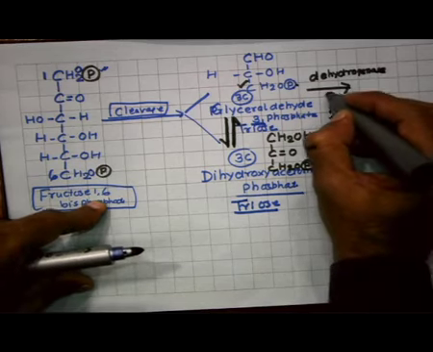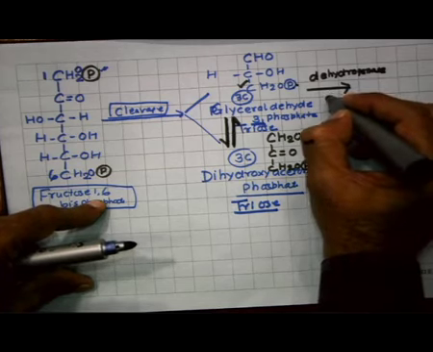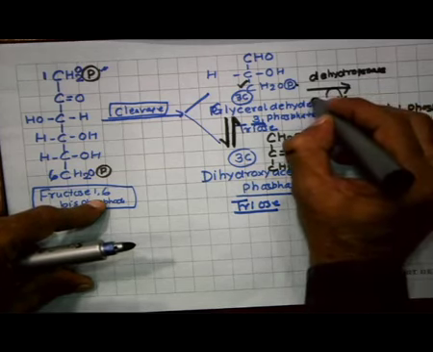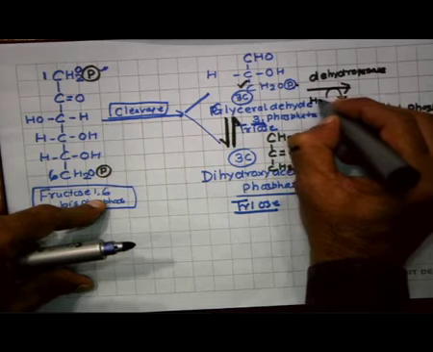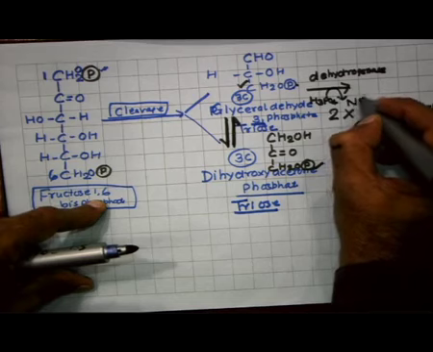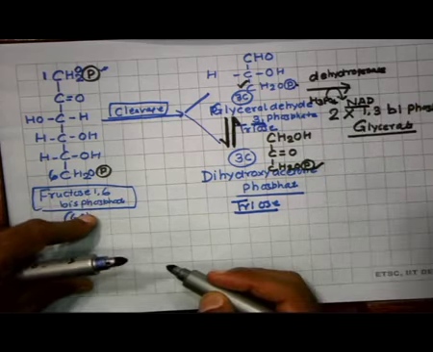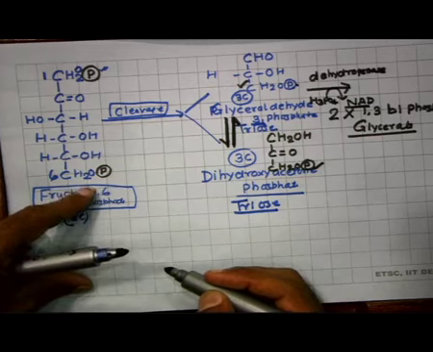And 1 phosphate molecule is also required in the form of H3PO4, and NAD is also required, which is converted into NADH2.